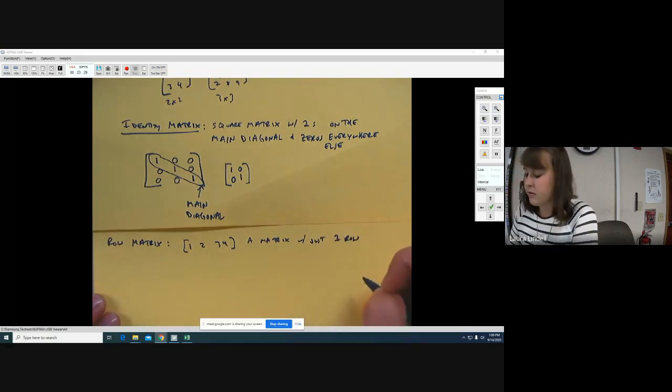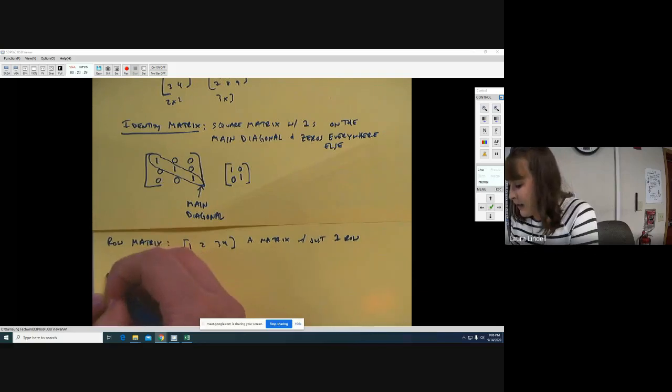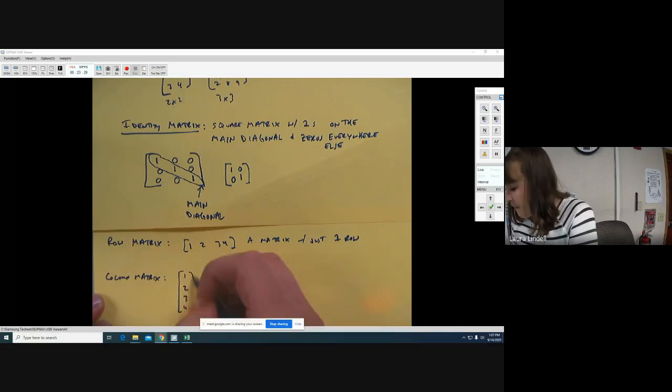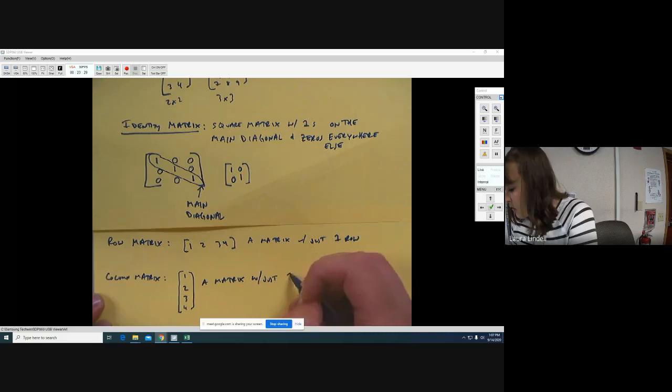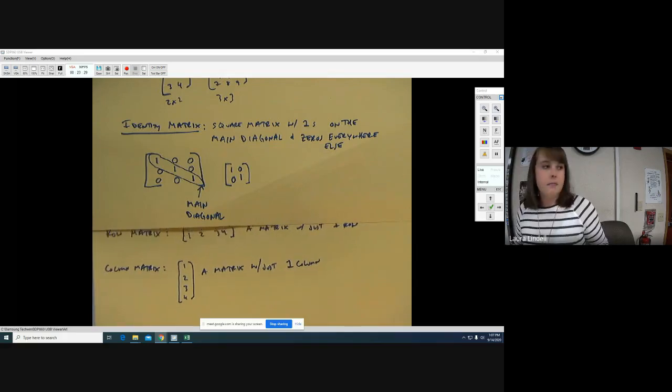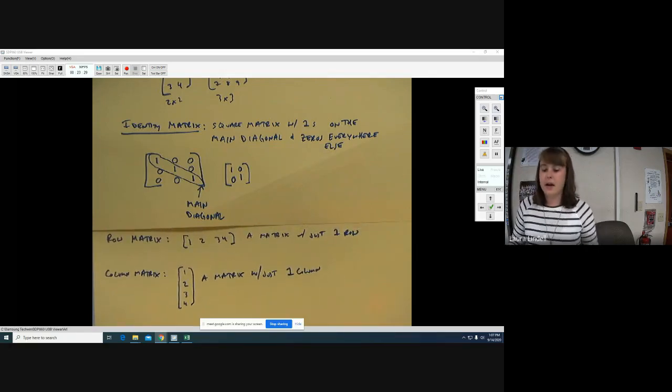A matrix with just one row. And then likewise, a column matrix is a matrix with just one column. Okay. So those are pretty much the main matrix vocab things that we need to talk about for today.